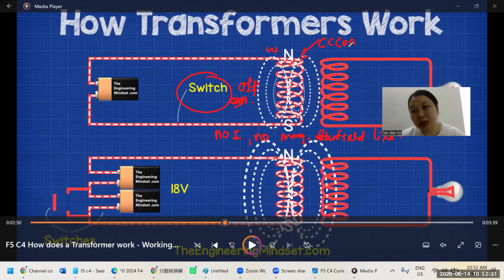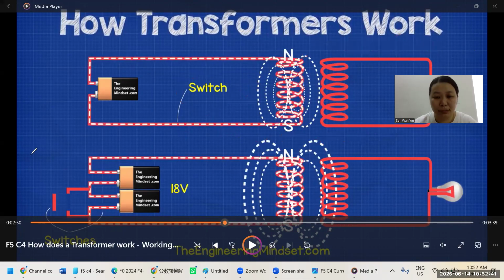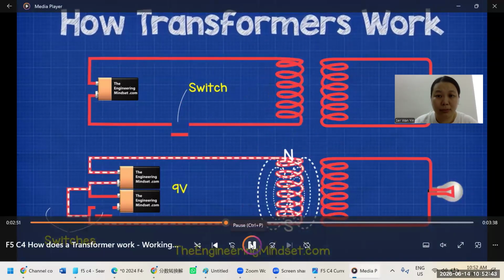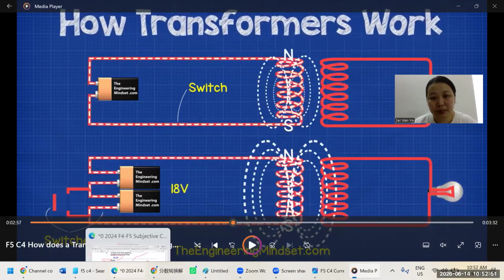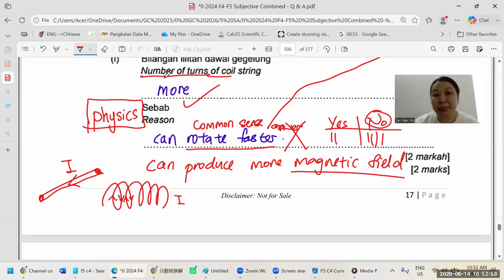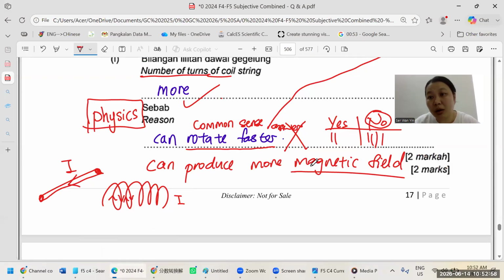You may ask what is a conductor? Conductor is wire. Got current, got magnetic field. No current, no magnetic field line. So why more numbers of turns? More numbers of turns produce more magnetic field.